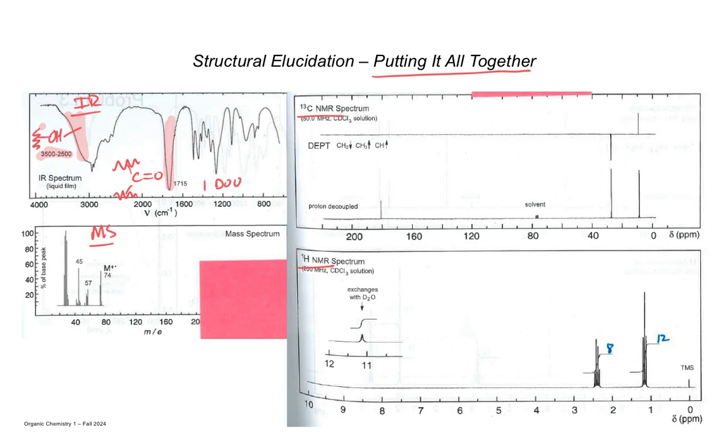And so we know that those two things together make carboxylic acid. So already we have CO2H as a fragment in the molecular formula. So that's 1 degree of unsaturation.